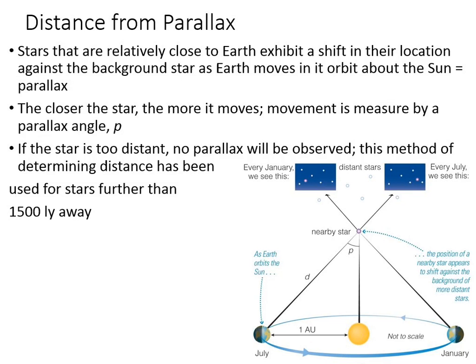I've heard it described that the better the telescope you have, the more detail you can see, and the more likely you are to see that little wiggle as we change 6 months apart. But we have stars that are farther from us than 1,500 light years, and that's kind of the threshold. If something's farther than that, you can't see parallax, so you can't use this method.